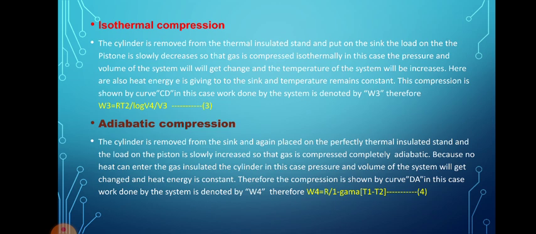The pressure and volume of the system change, and the heat energy is constant. The compression is shown by the curve DA. In this case, the work done W4 is equal to R by 1 minus gamma into T1 minus T2. This is equation number 4.